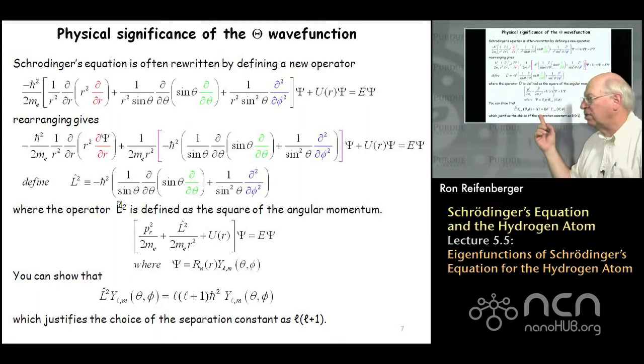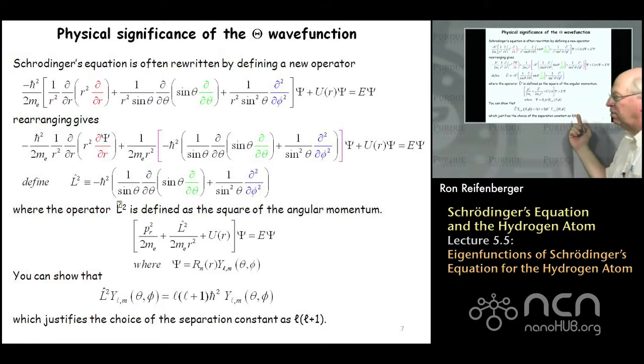What this equation is saying is that this angular momentum squared can only have quantized values, and those quantized values are given by this quantity L times L plus 1 times h bar squared. So this form of the eigenvalue problem, with this definition for the operator L squared, justifies writing the separation constant as L times L plus 1.